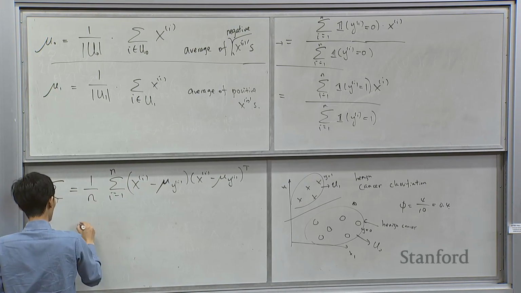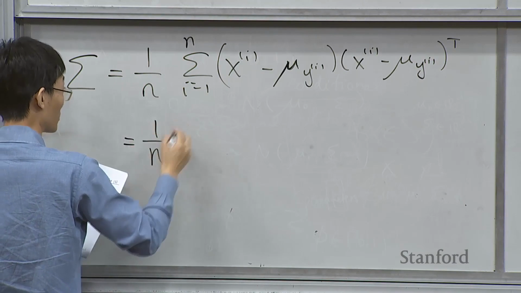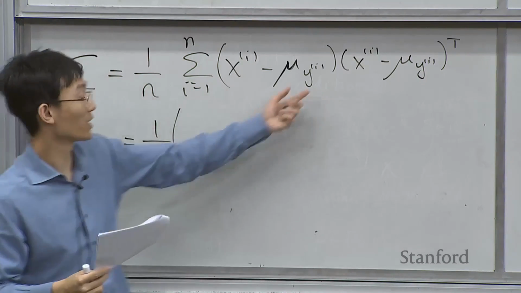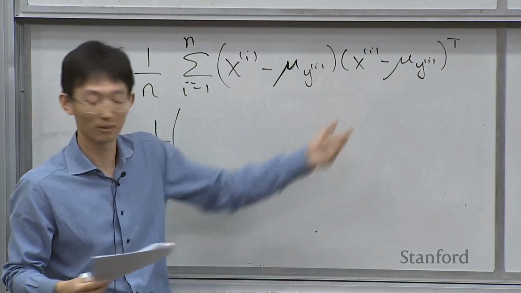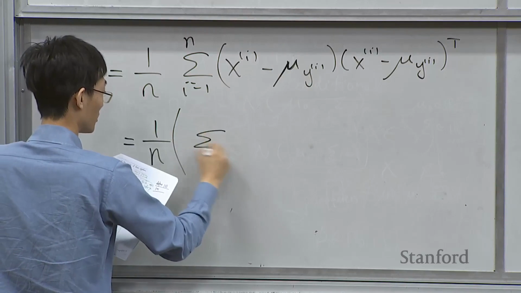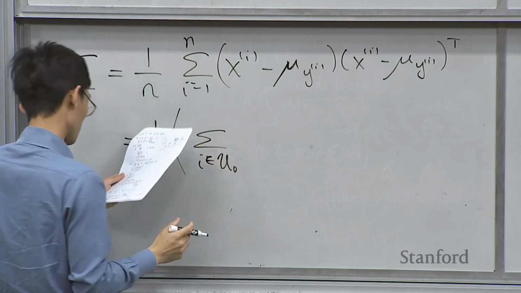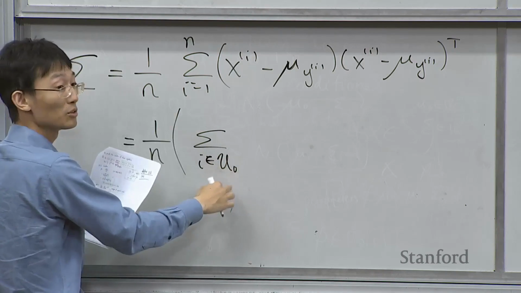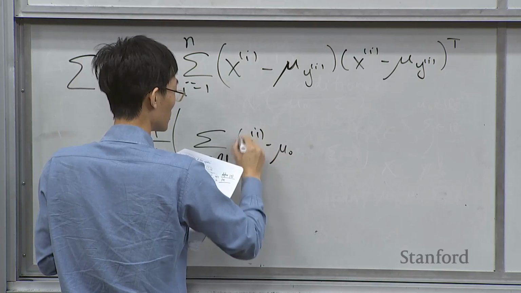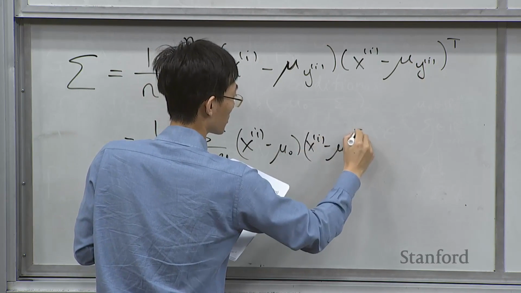One way to interpret this is that you can expand the sum into two cases. One case is that yi is 0, and the other case is that yi is 1. So when yi is 0, those are the i's that are in the set u0, and this is xi minus mu0 times xi minus mu0 transpose.